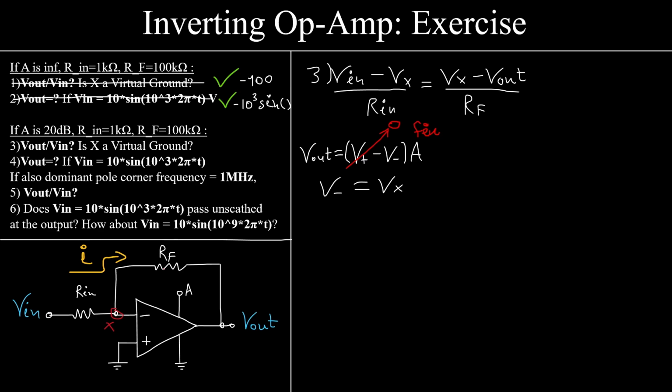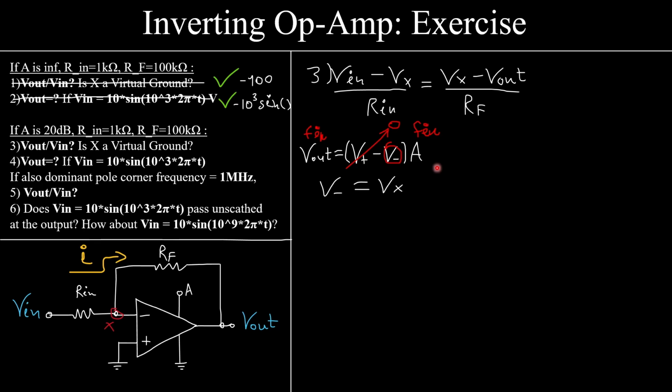The output, because it's an inverting op-amp configuration, is also finite. This means that if the output is finite and the gain is finite, this V minus also has to be finite. It cannot be 0 like before, because if it was 0, it would mean that this whole term would be 0 and the output would be a 0 value, alright?